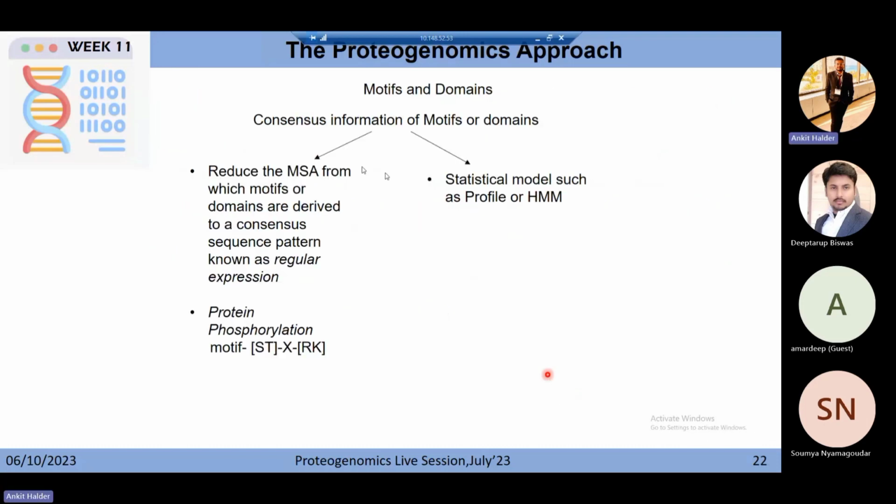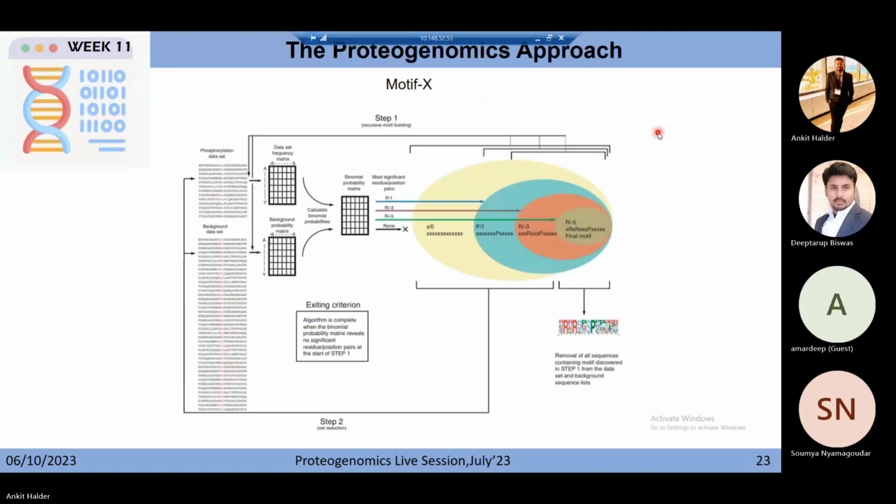So this is just the consensus information of the motifs and domains from the multiple sequence alignment and the regular expression. Here I have given you the protein phosphorylation motif, the places that can be phosphorylated, like S/T, X, or R/K.